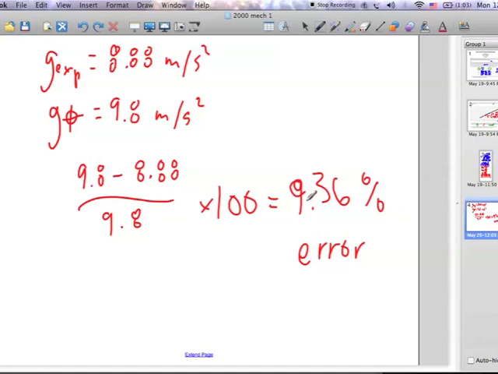Also, we did 10 periods, which gives it time to slow down, and so that's probably the biggest error, the 10 periods and all the friction that slows it down during those 10 periods. So that's why we have this huge error.